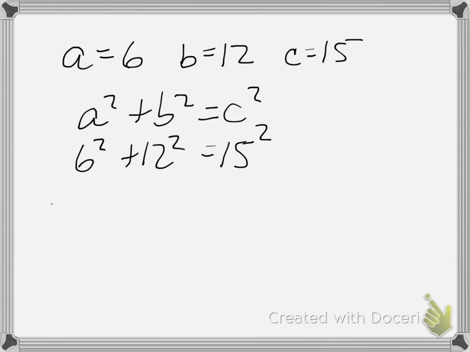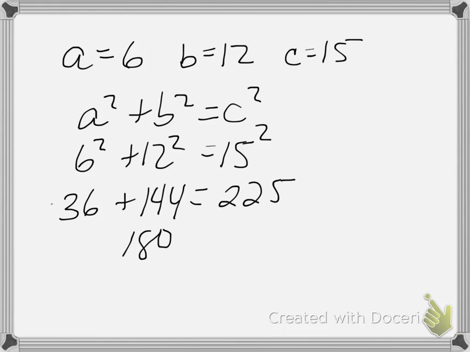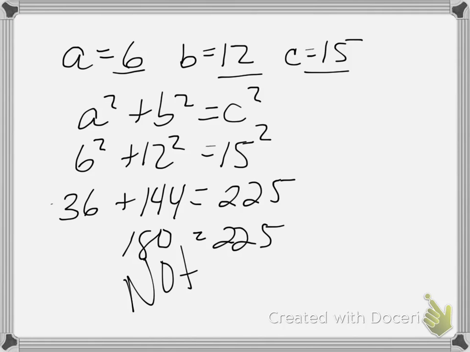So 6 times 6 is 36 plus 144, and 15 squared is 225, and you can see this is not going to work out. So then you get 180 equals 225. So this can definitely be side lengths of a triangle, but it's not a right triangle.